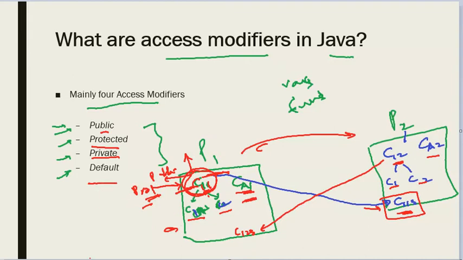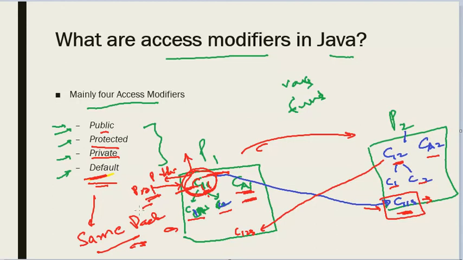What about default? If a member variable or function of a class is declared default, it can only be accessed by the classes in the same package: child classes and unrelated classes in the same package. No class in the other package can access it, doesn't matter child or not. So once again, a default member variable or function can only be accessed by classes in the same package, doesn't matter if they are subclasses of that class or independent classes.